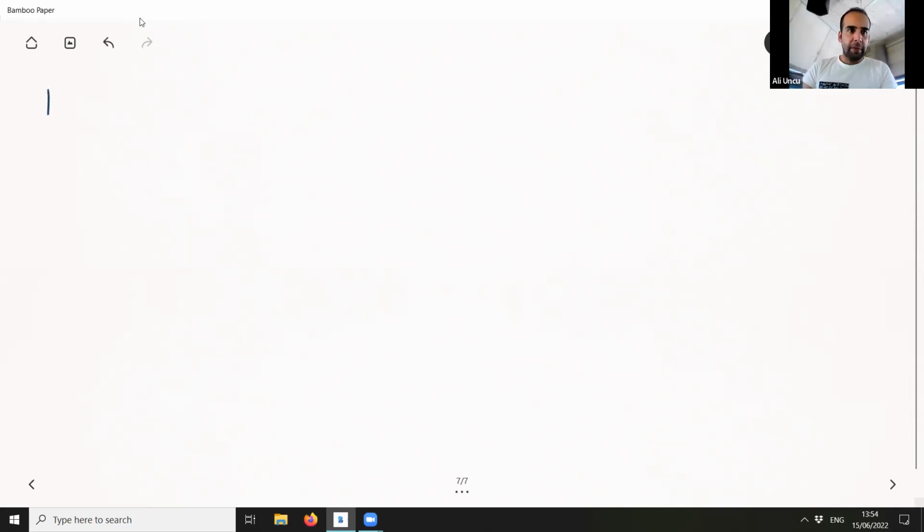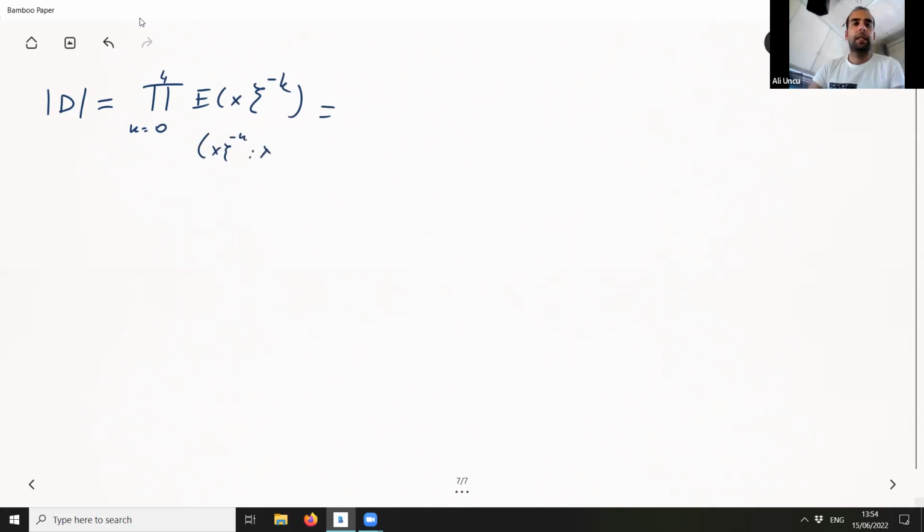So from this calculation, we found out that the determinant of D is this product that we were looking for, this product of E to the X zeta minus K's, from K being 0 to 4. And because Vandermonde determinant was just 1, okay. And this E was this X zeta minus K to the infinity.